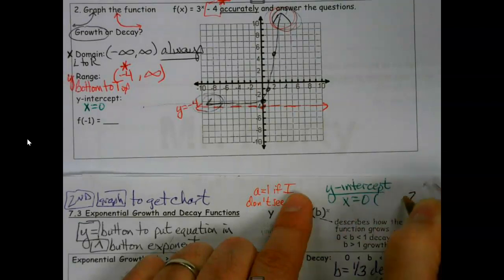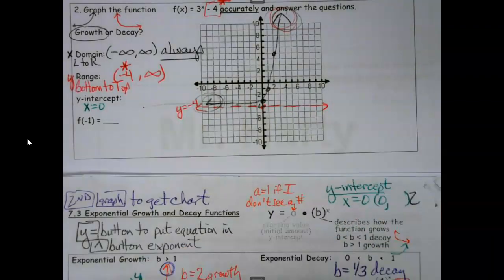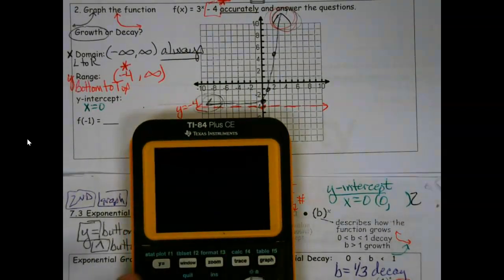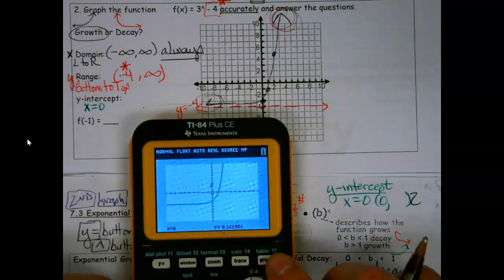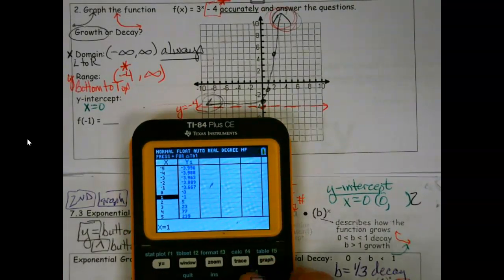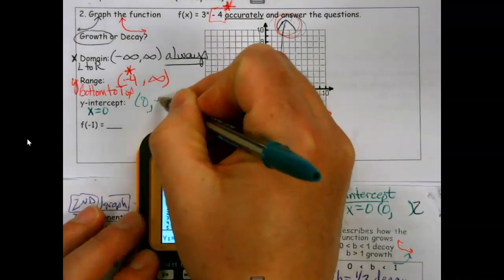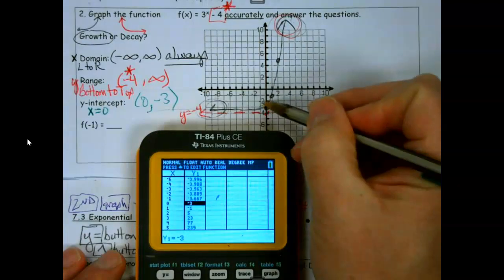Y-intercept always occurs when x equals 0. So what's the easiest way to deal with that? Well, duh. I'm going to pull it up on my chart. My second graph, because if I go to the chart where x equals 0, there's my y-intercept. 0, -3. I can see it there on my graph too.